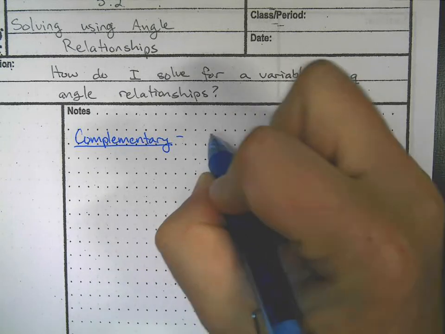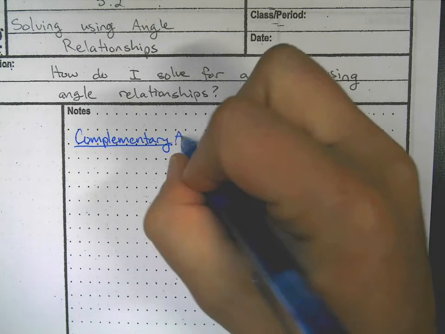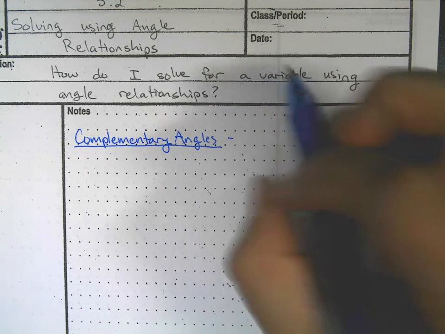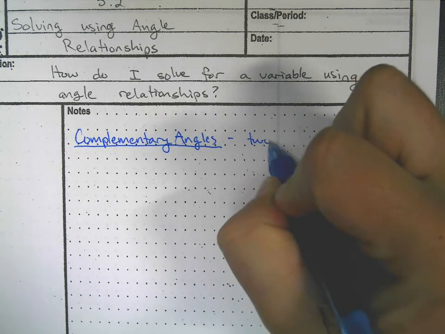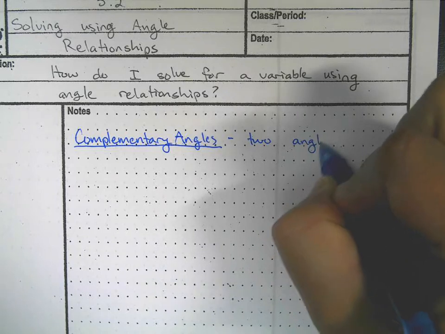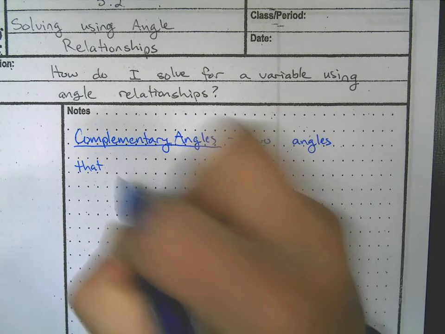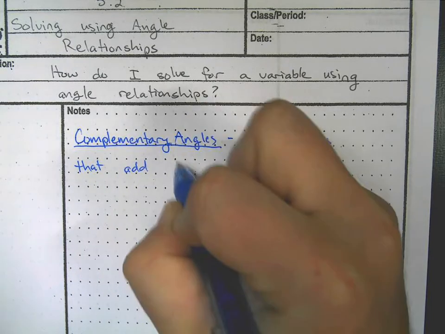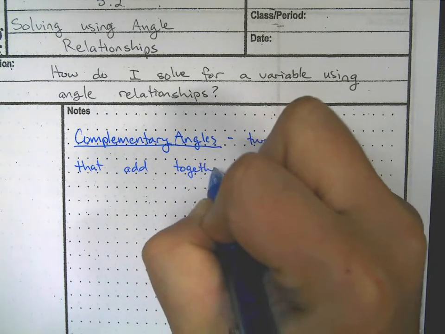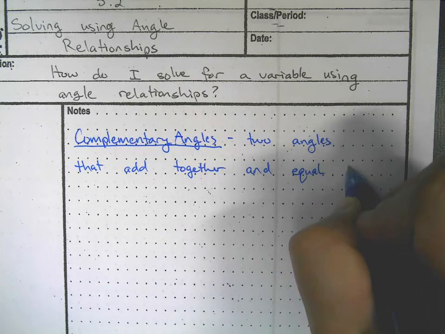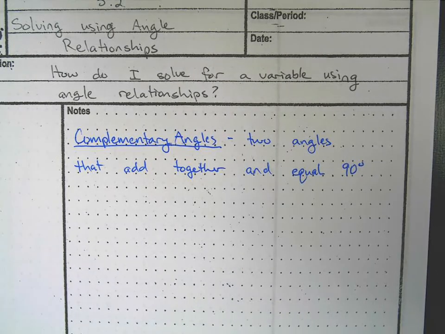Complementary angles are two angles that add together and equal 90 degrees.